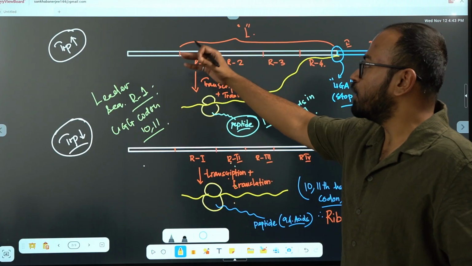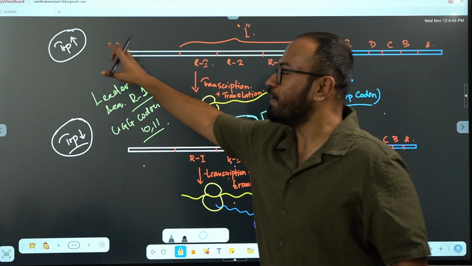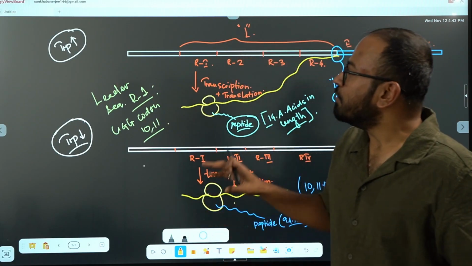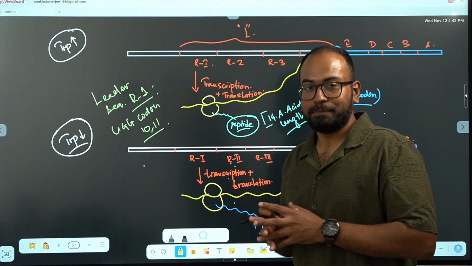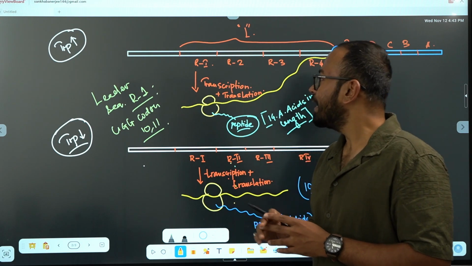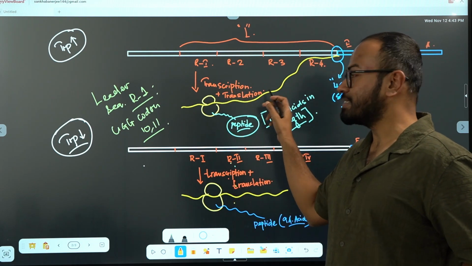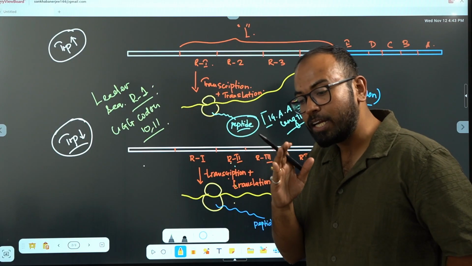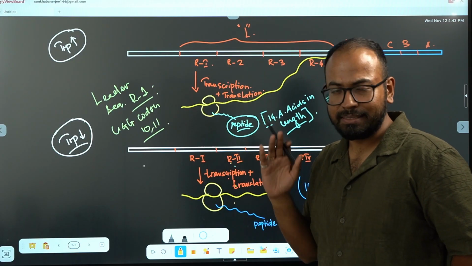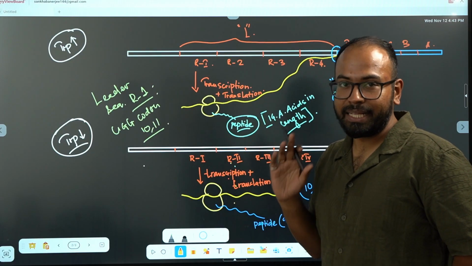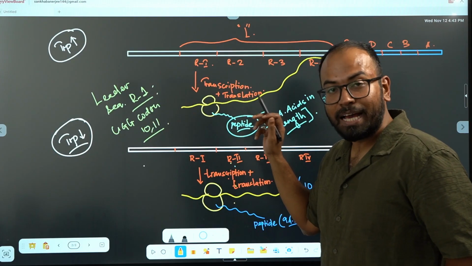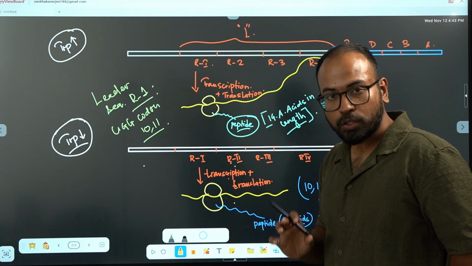Coming to another phenomenon, which is high tryptophan level. When the tryptophan level is high, what will happen? As you will see, transcription and translation are occurring simultaneously and the whole leader sequence has been synthesized at the mRNA level. Now, the ribosome has bound to the AUG start codon.